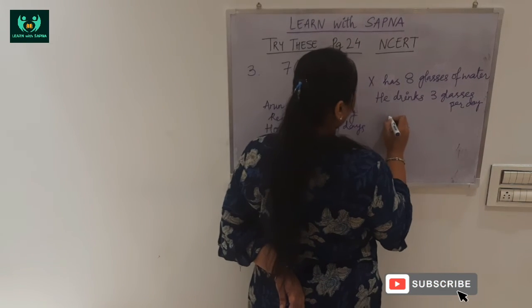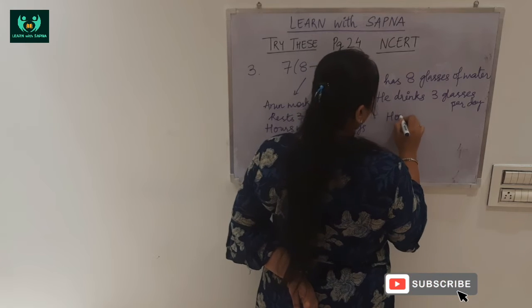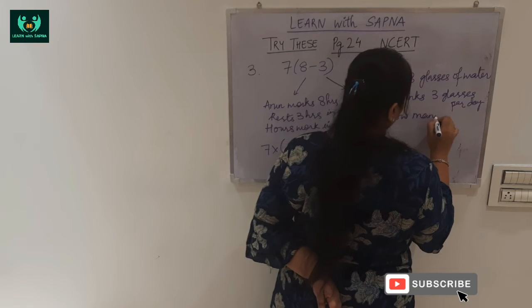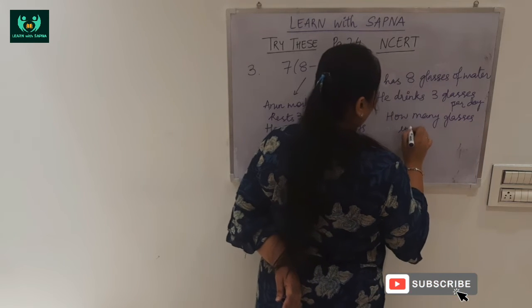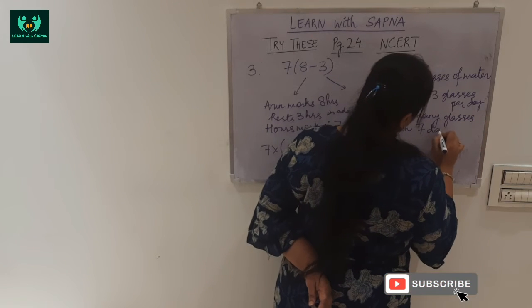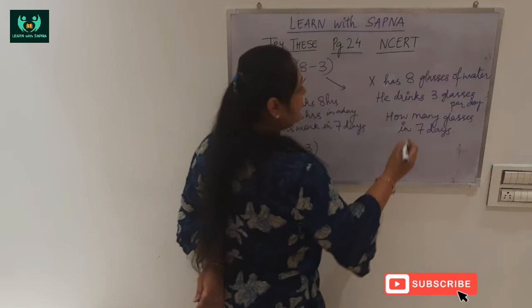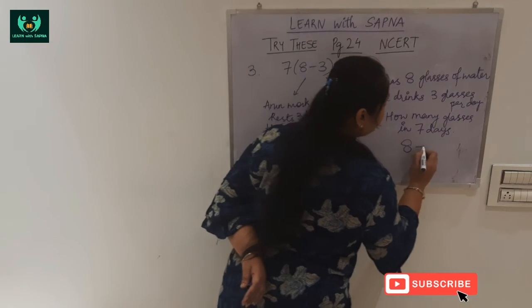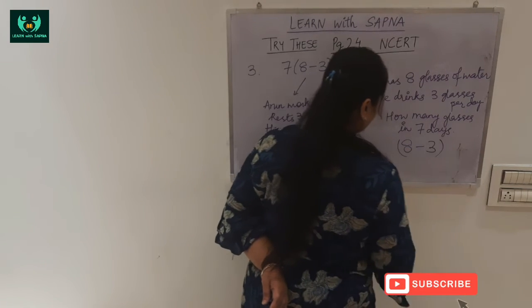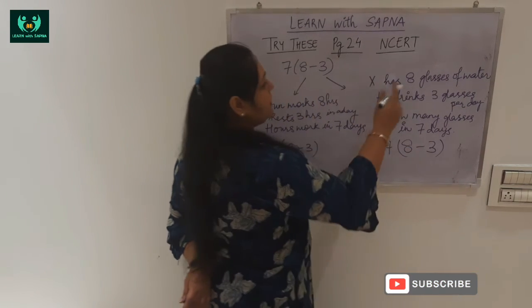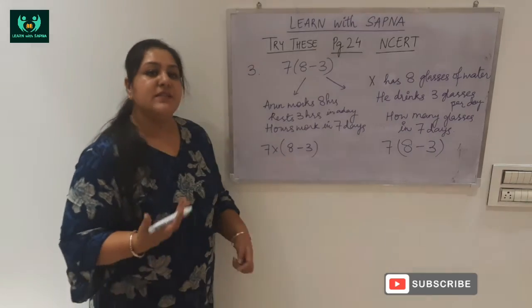So how many glasses of water will he have in 7 days or in a week? So again, he has 8, he drinks 3. So he is left with 8 minus 3. And for how many days do we have to calculate? 7. So like this we can form situations.